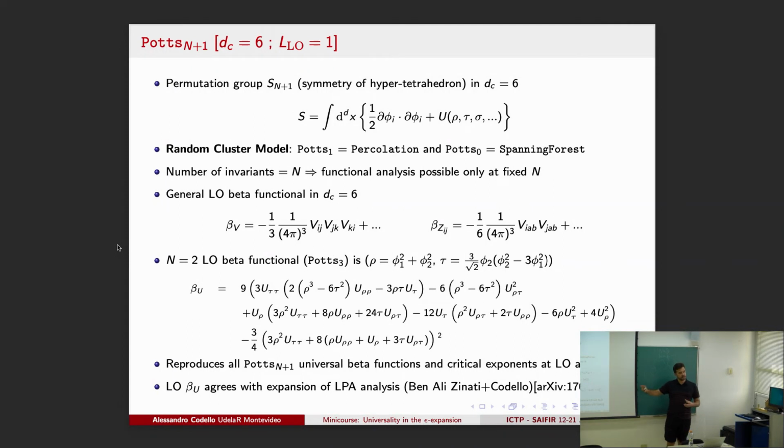So for every symmetry, we are going to write down a series with a specific algorithm that is based on the representation and other properties of the group, that has the property that when you expand this series in a power series, the coefficients will tell you how many invariants of a certain order I can construct. And so by using this machinery, we are immediately able to say, given a symmetry, what the beta functional will look like.